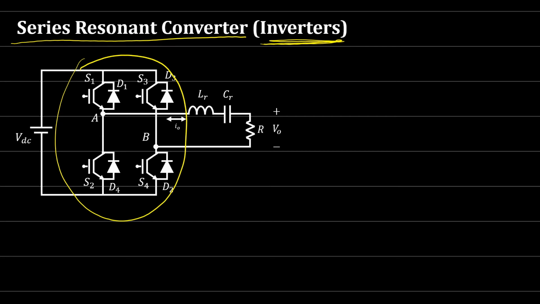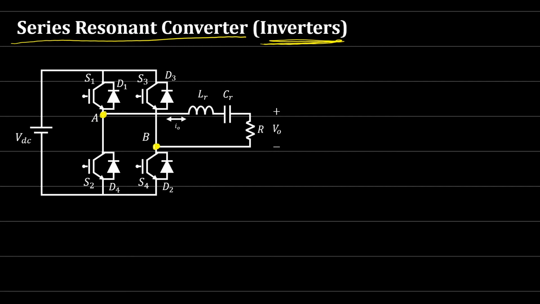Not on the switch itself, not on the input side, but on the load side. So that's why we call this a load resonant converter. And because the capacitor and the inductor are in series with the resistive load, this is a series resonant converter or series resonant inverter.